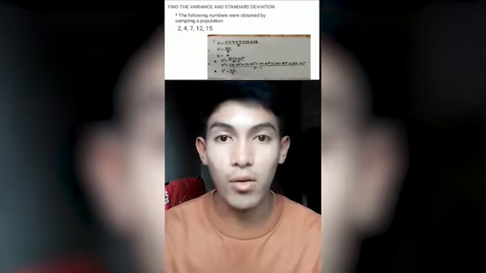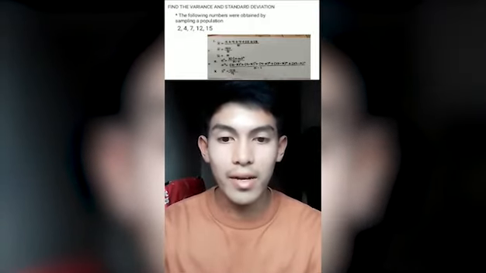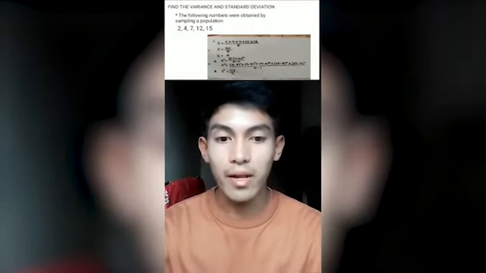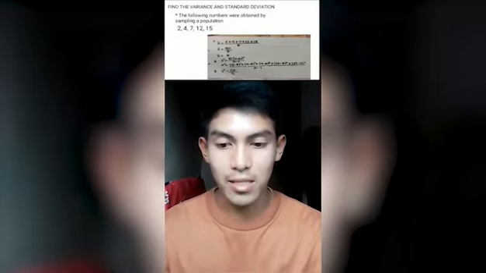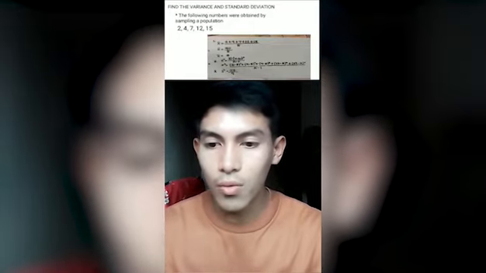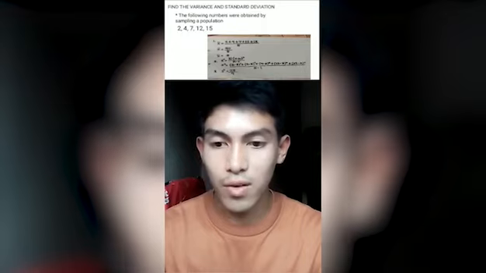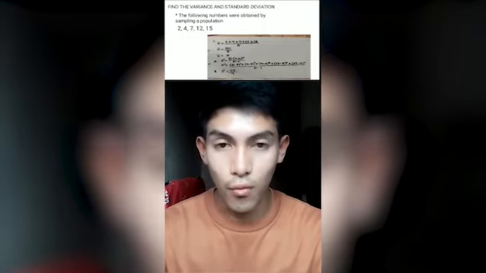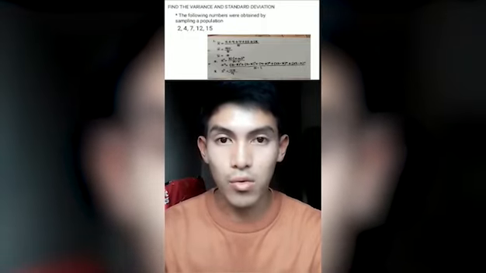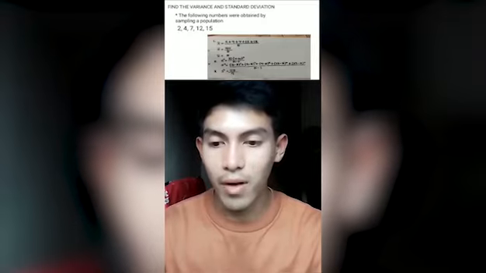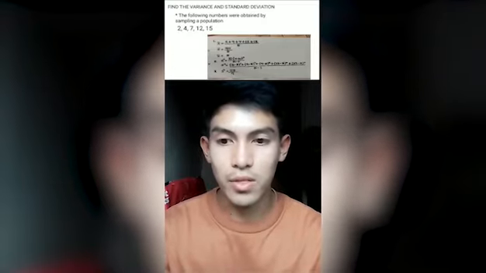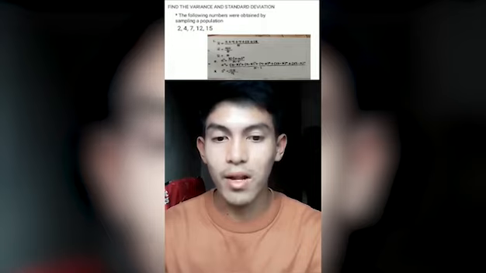So how do we get the mean? Add the given data set and divide by the number of data points. So 2 plus 4 plus 7 plus 12 plus 15 is equal to 40 over 5. 40 divided by 5 is equal to 8. That means the value of our mean is 8.